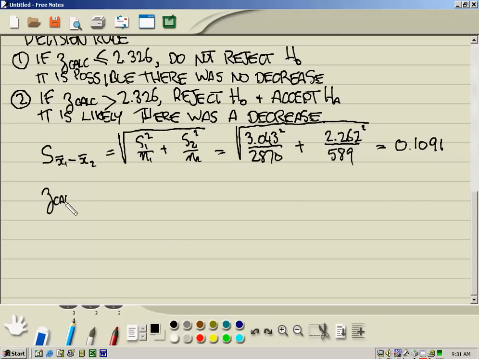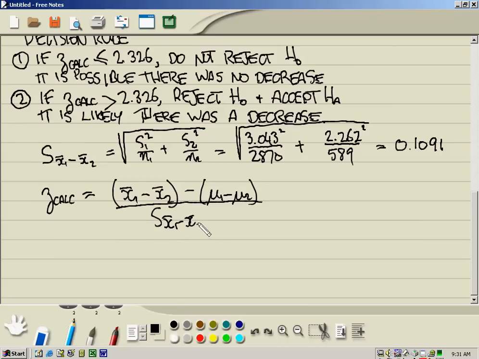Alright, and then we can do the z-calc, which tells us how many standard deviations the two sample averages are apart. So it's the sample difference minus the hypothesized difference divided by the standard deviation of x bar 1 minus x bar 2.